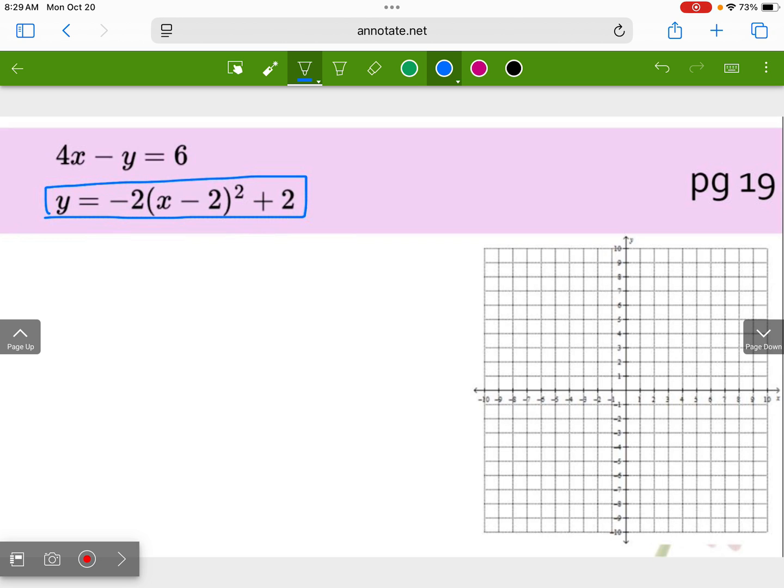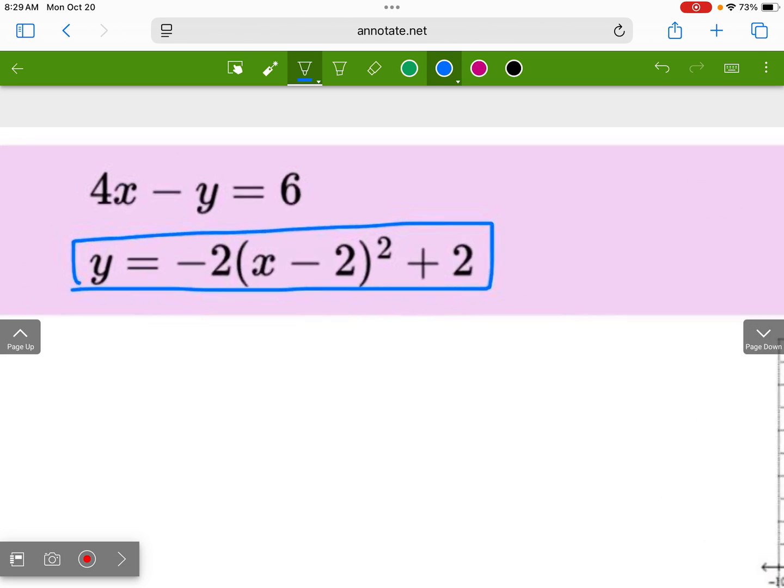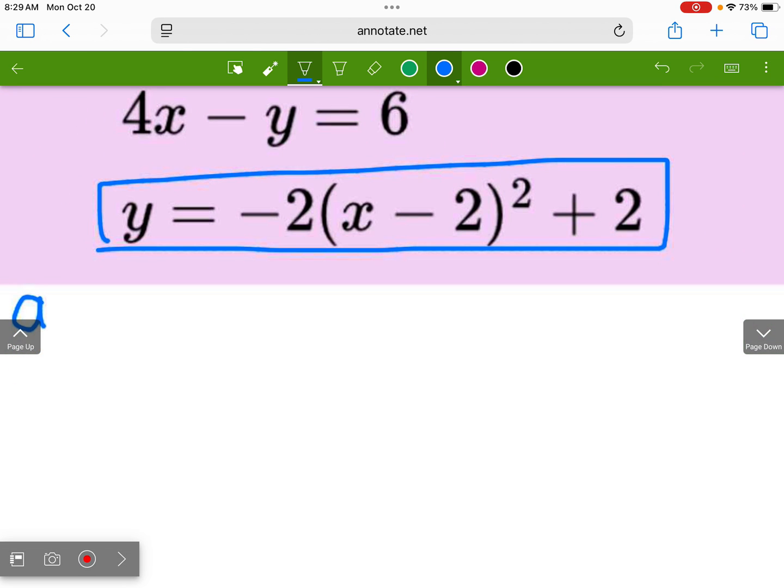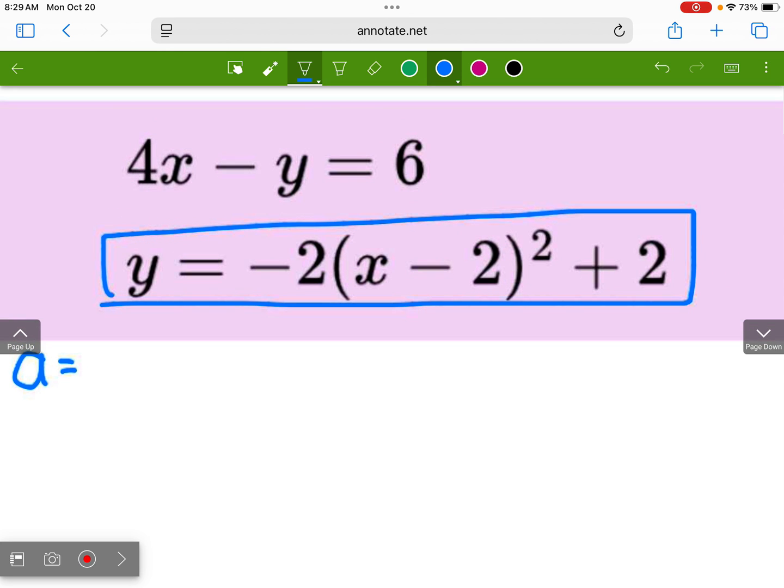So I'm going to start by graphing this piece. It's in our transformation form. Again, if you need help with that, look at pages 3 and 4, where we were doing this. That's when we would find our a, h, and k. What is our a on this one?